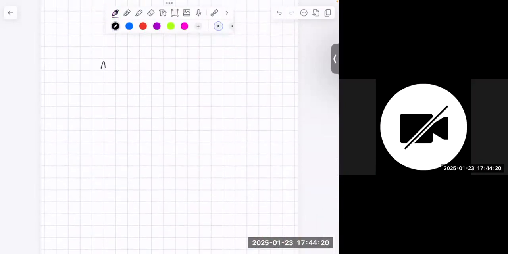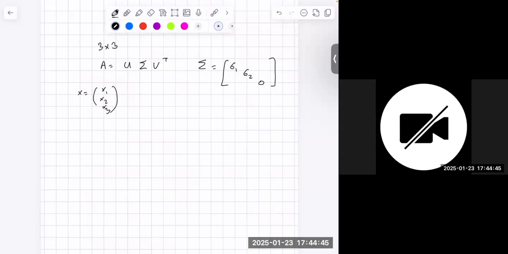Let's say my A was singular value decomposed like this. And let's keep it simple. Let's say my A had 3 singular values, sigma 1, sigma 2, 0. And suppose it's a 3 by 3 matrix, right? And let me take a 3-dimensional vector, x1, x2, x3.